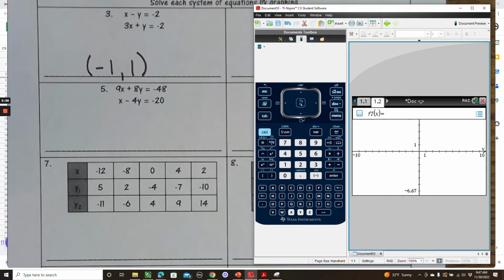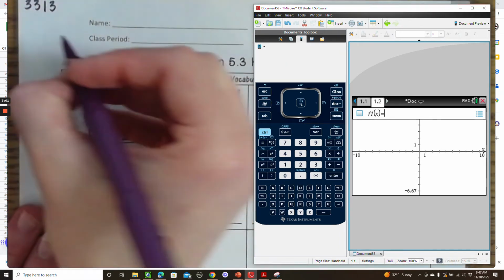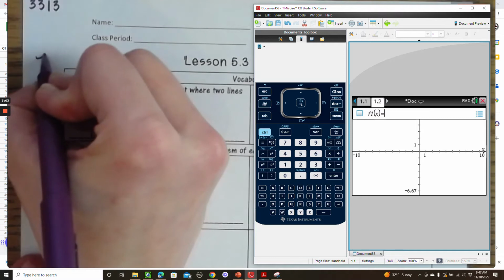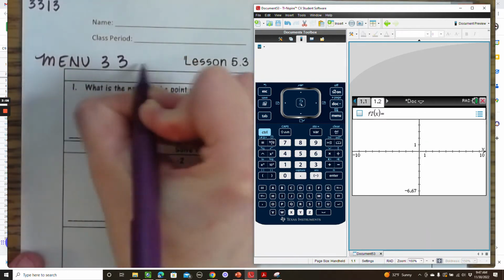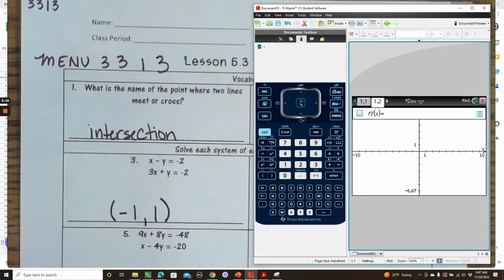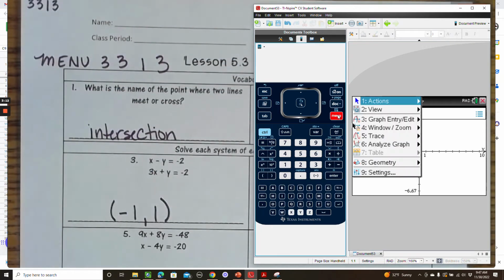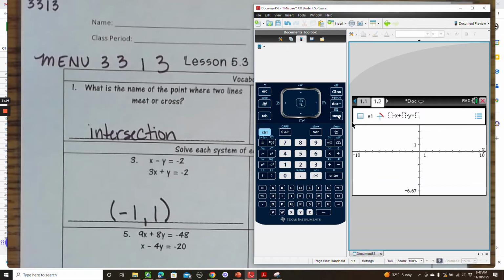I want y'all to try this right now on your calculators. Go to the graph, and here are the keys. Once you're on this screen, hit menu and then 3, 3, 1, 3. You can push the number buttons and see if it changes the way mine changed.